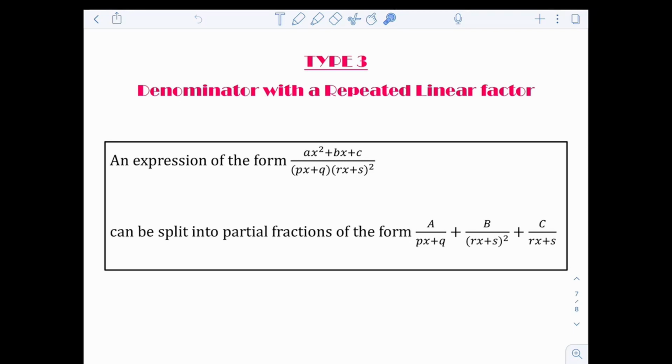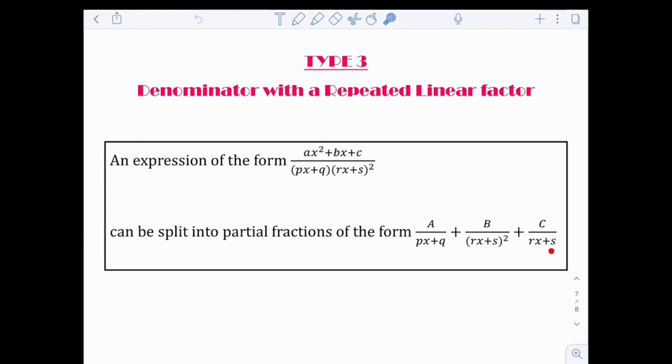You need to know how to split this into partial fractions in the form of A over px plus q. This one is the same as type 1. And for the second factor, rx plus s power 2, you need to split into two fractions, where for the first fraction, the denominator is exactly the same as rx plus s power 2.